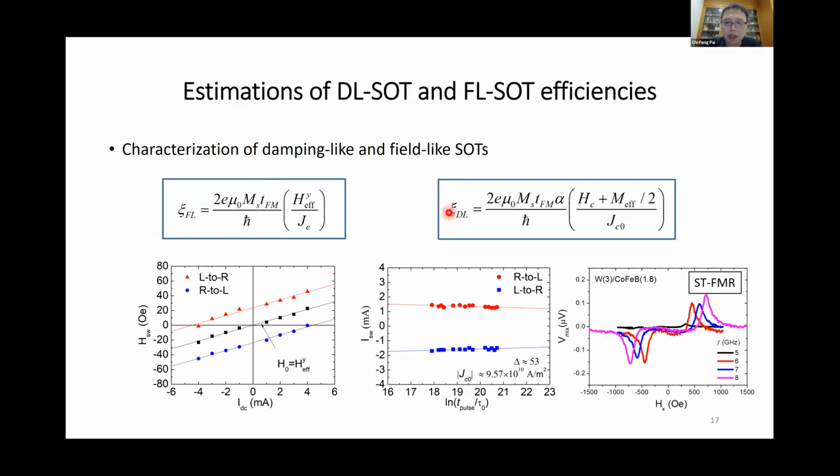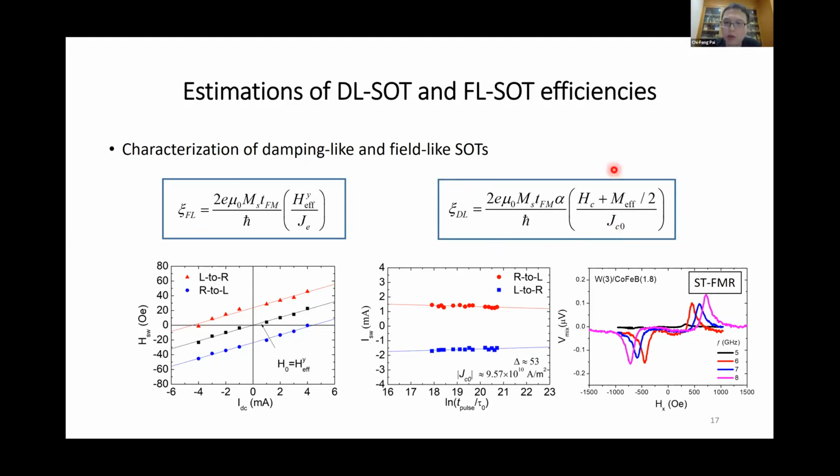And more importantly, for the damping-like torque efficiency, it's more complicated, because what we have from the switching data is only the switching current density, or the JC0 over here. So this is very similar to our early demonstration of current-induced spin-orbit torque switching in the nano-sized three-terminal devices.